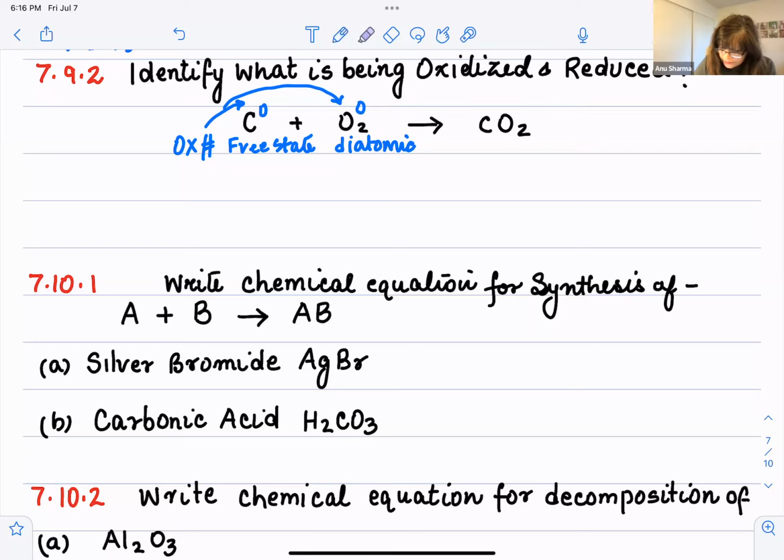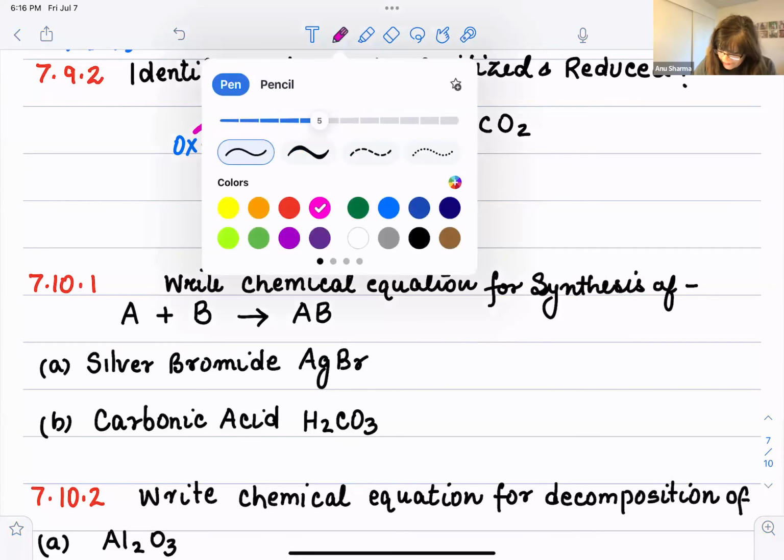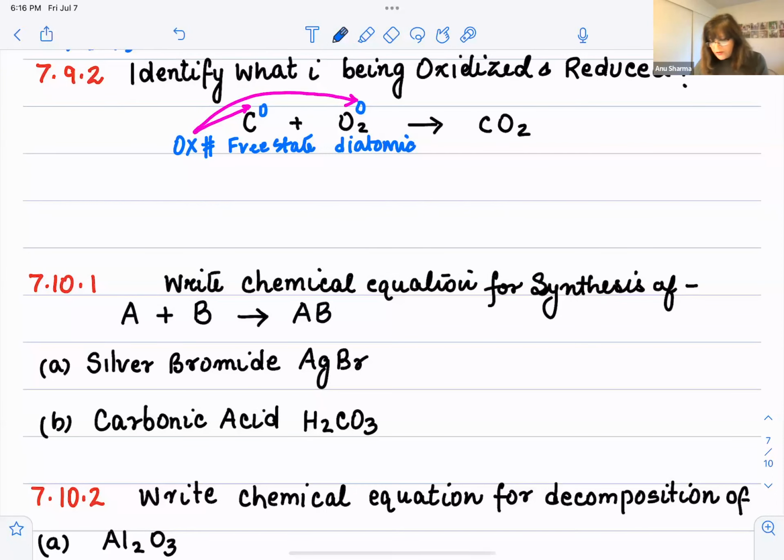Okay, so let's put it in a different color. So these are the oxidation numbers of this, and then the oxidation number of oxygen, 0. Okay, now what do we have here? This is the free state, diatomic state we have identified. Now for carbon we don't know, so x plus oxygen, there are 2 oxygens, each is -2, and this is a neutral molecule.